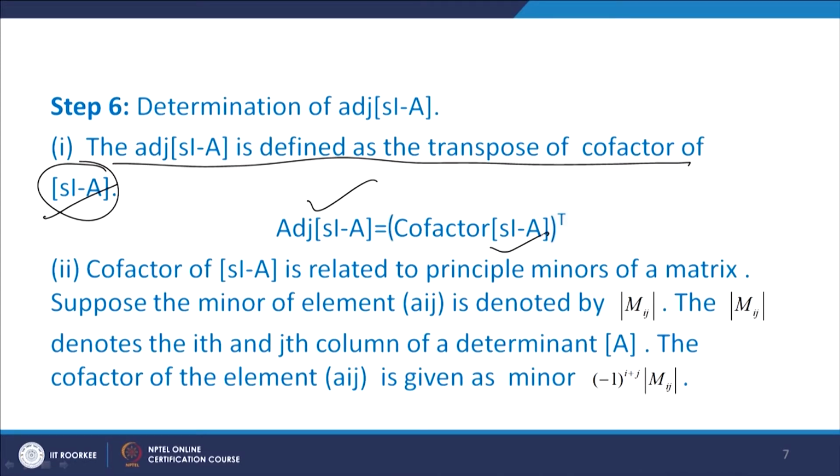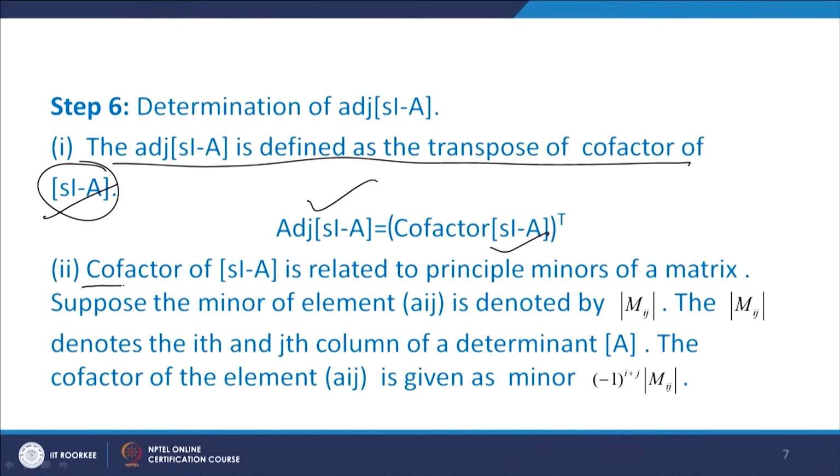Now, how to calculate the cofactors? The cofactors of (sI minus A) are related to minors of a matrix. For every element in the matrix there are some minors. Those minors have to be calculated, and once we get the minors we get the cofactors, and once we get the cofactors we get the adjoint.